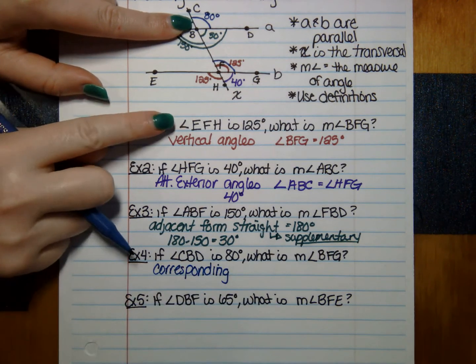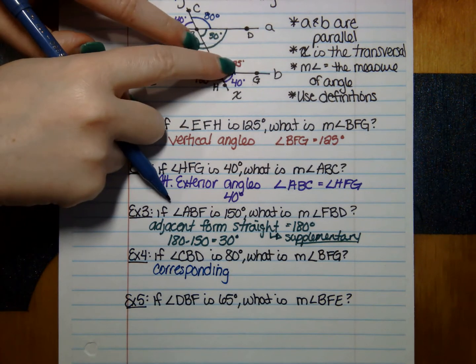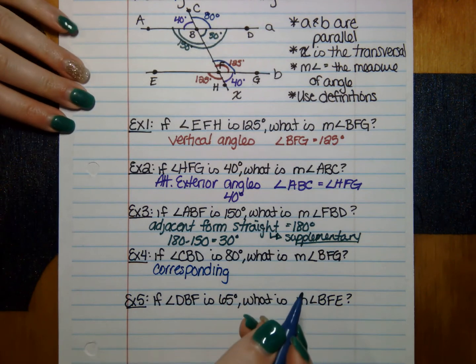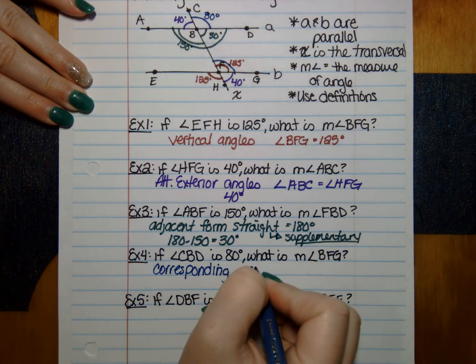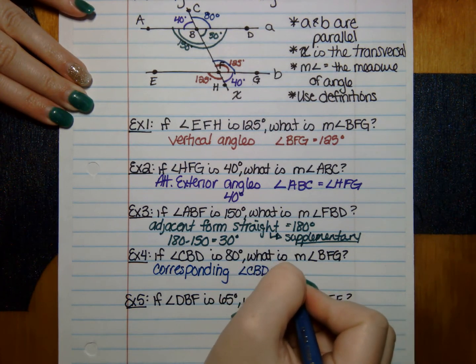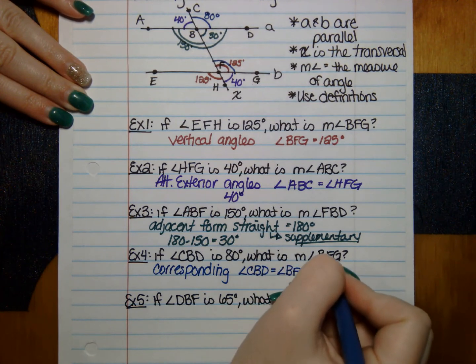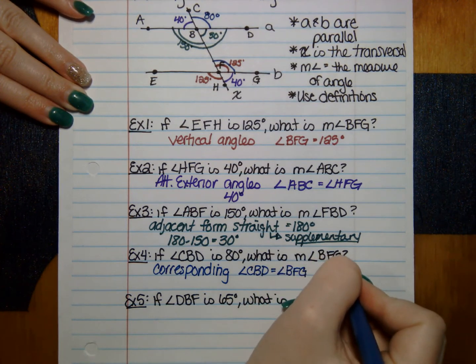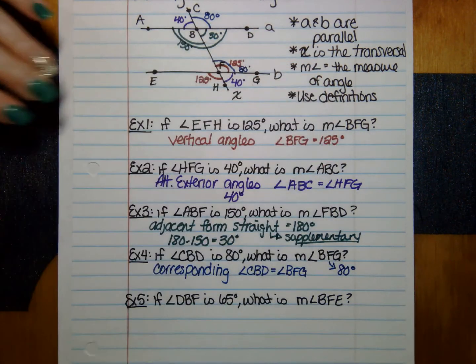Both angles are above the parallel line that they're touching, and they're on the same side, the right side, of the transversal. So because they're corresponding, angle CBD has to equal angle BFG, which means this angle is also going to equal 80 degrees.